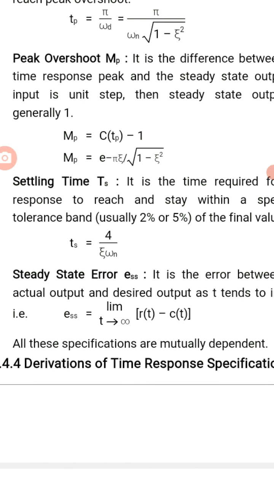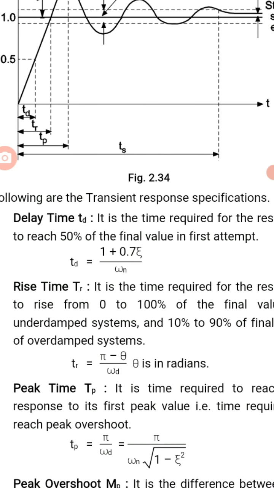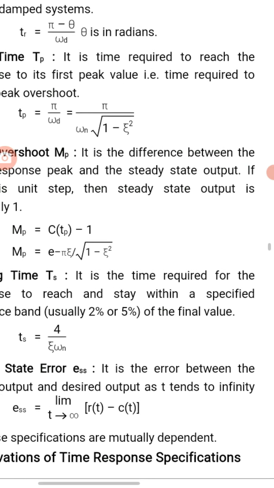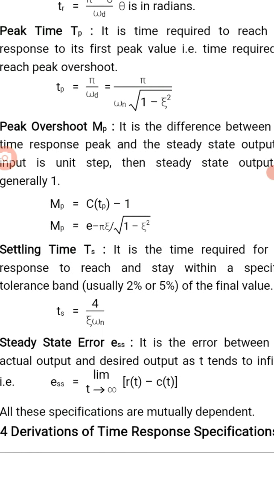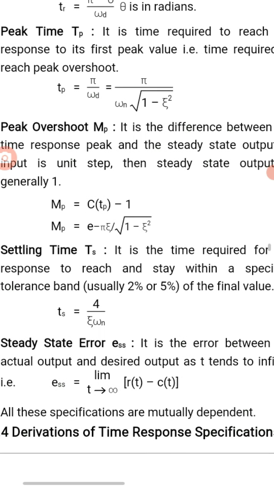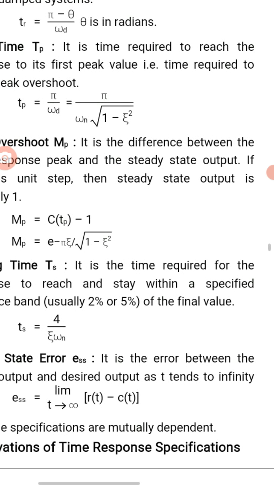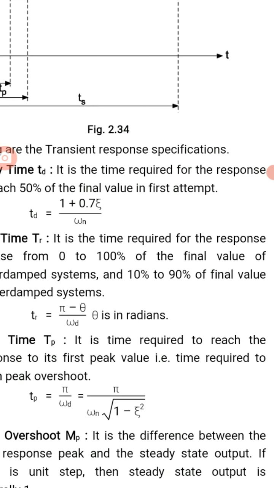Settling time Ts is shown in the figure. It is the time required for the response to reach and stay within a specified tolerance band. Usually 2% to 5% is considered as the tolerance band of the steady state error.